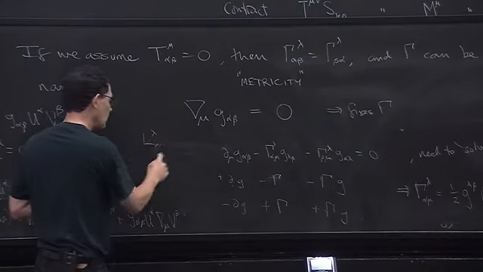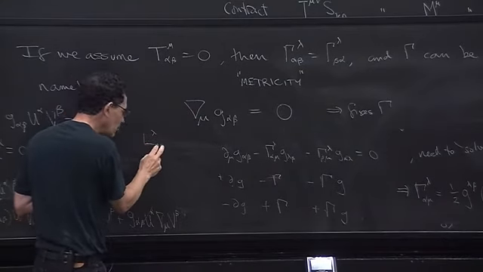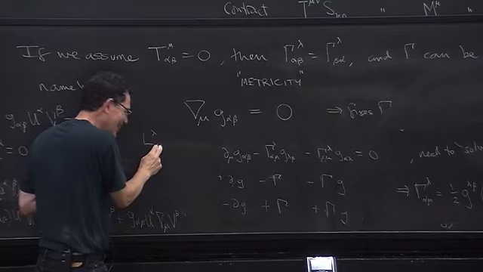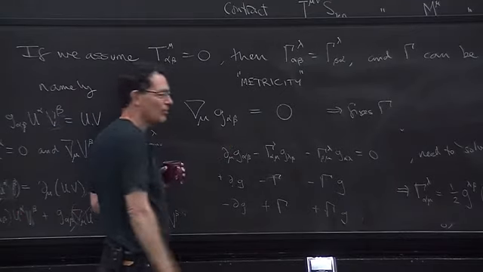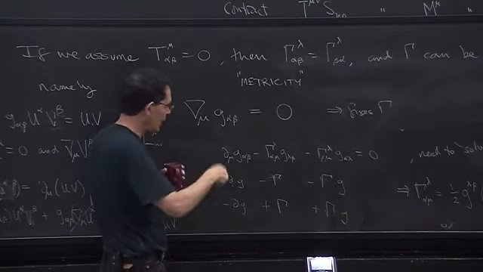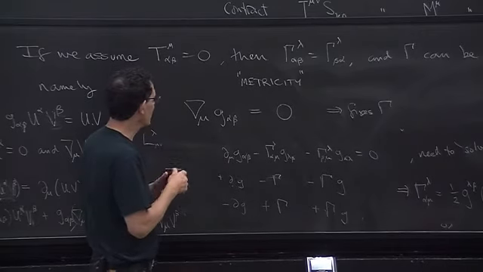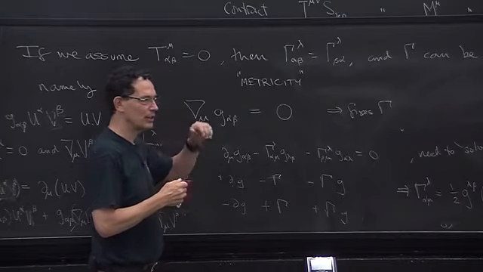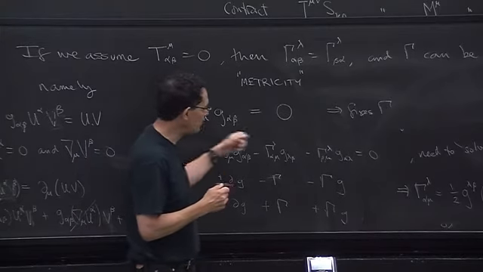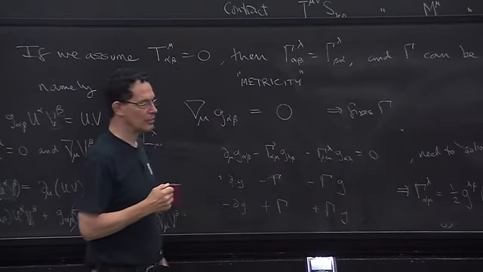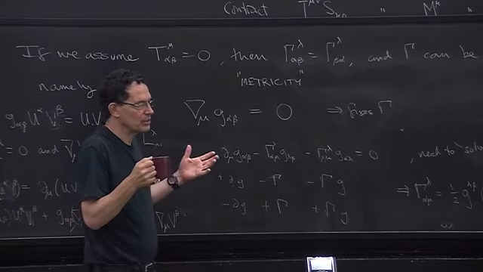Remember when we did this calculation for L? It was very, very important this was symmetric. If it was not symmetric, you couldn't solve these equations uniquely for gamma in terms of dg. So it's the vanishing of the torsion that enables you to express gamma in terms of first derivatives of the metric. Otherwise, it's undetermined.